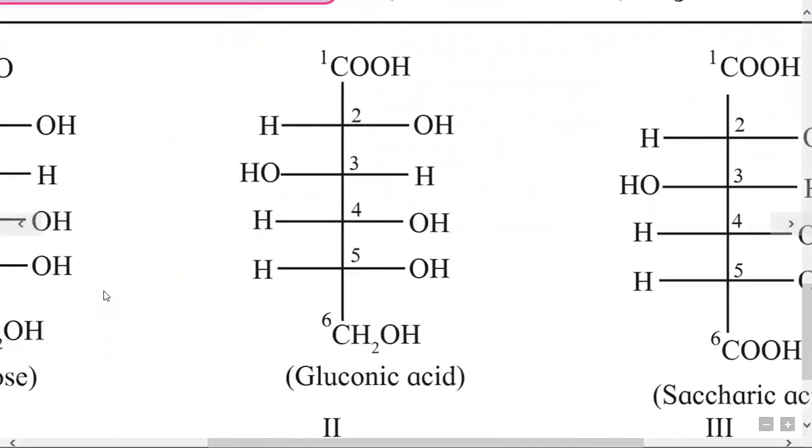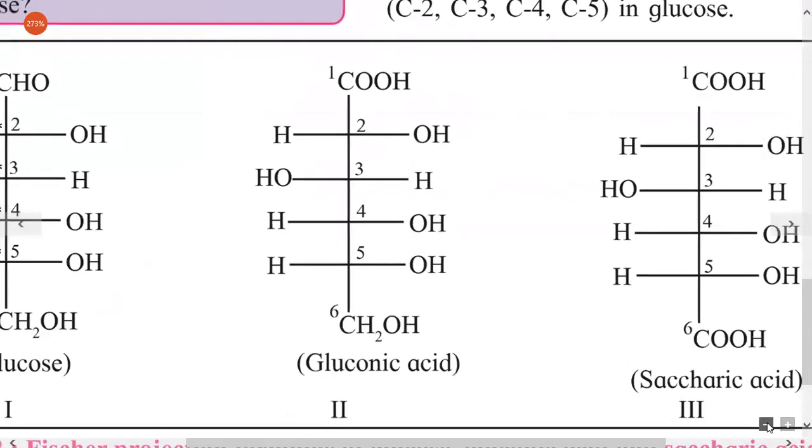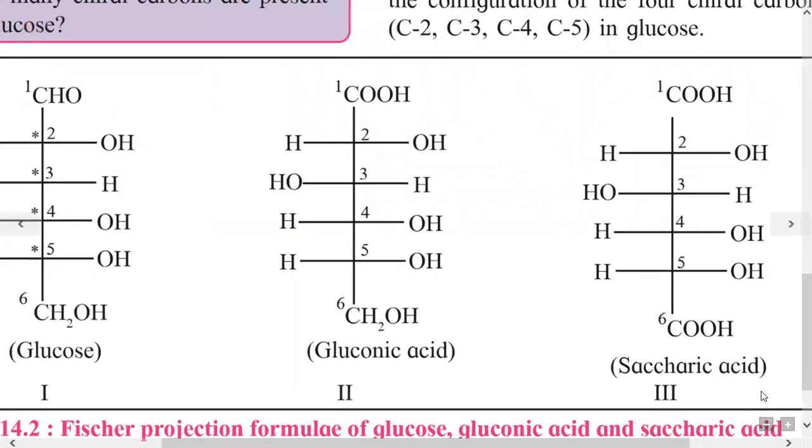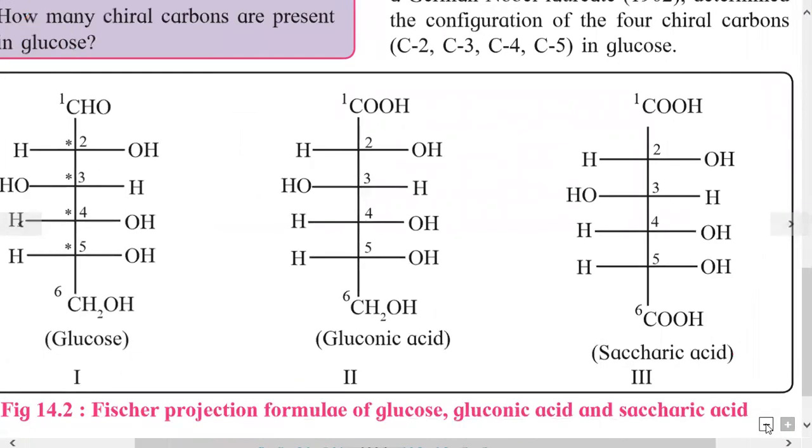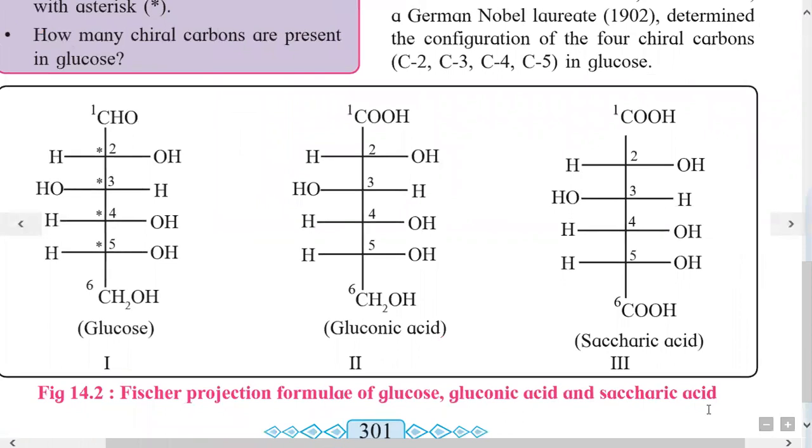Here we will compare the structures of glucose, gluconic acid and saccharic acid given by Fischer. These formulae are called Fischer projection formulae for glucose, gluconic acid and saccharic acid.